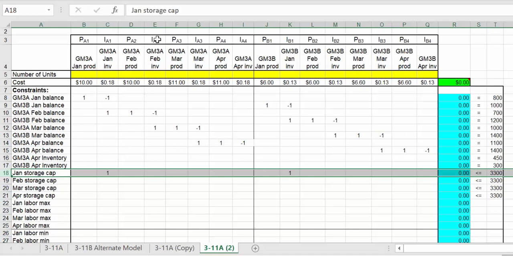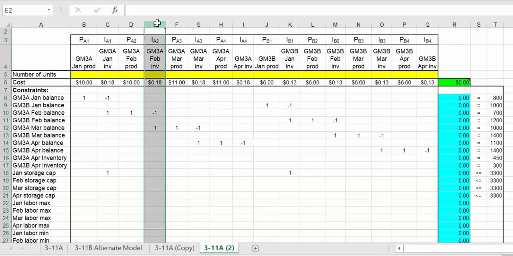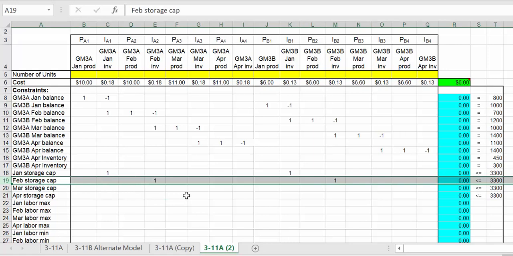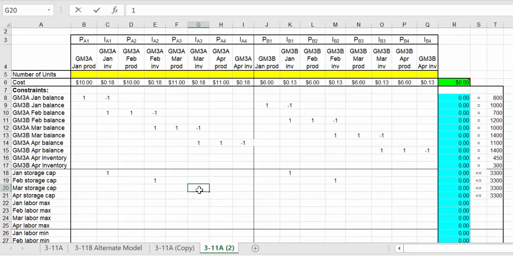We could do the same for February. Again, we would go under February inventory right here, and it's the February storage cap, so we can have the one here, and we would be right here for February inventory as well. You can see it lining up, there it is lining up. Now that we've figured out how it all works, we can put that in for inventory for April, and then we can just double check.